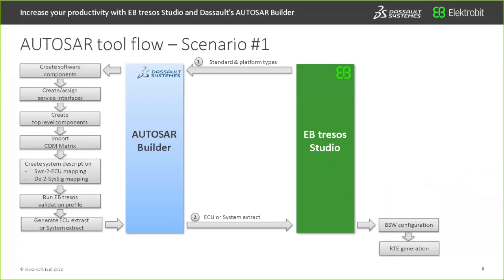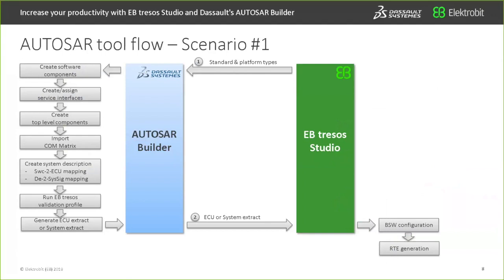Then you assign your interfaces, application and service interfaces, and then you create your top-level composition, which means you connect your software components. In parallel, you import your communication matrix, which defines all the messages in terms of signals, PDUs, frames, and the triggerings.